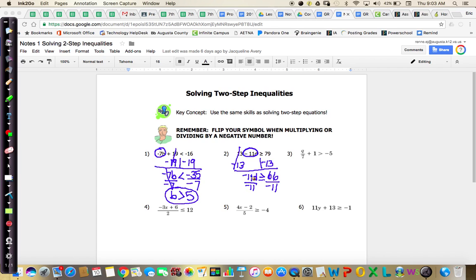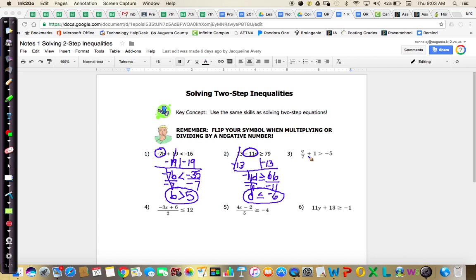Negative 11 divided by negative 11 is a 1 in disguise. And don't forget to flip the symbol because I divided both sides by a negative. 66 divided by negative 11 is negative 6. So the answer is d is less than or equal to negative 6.